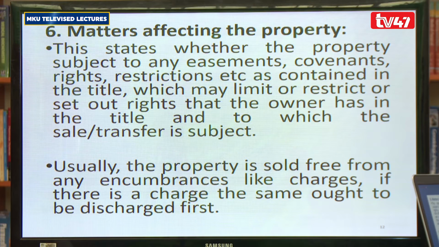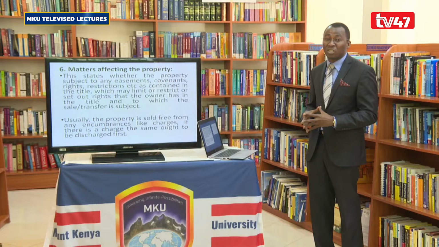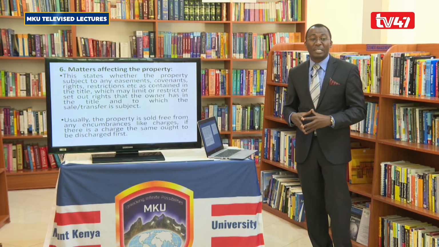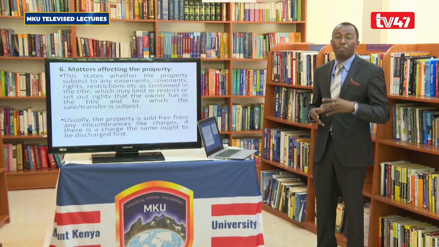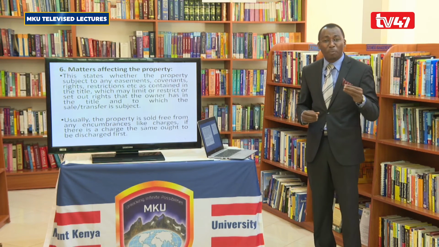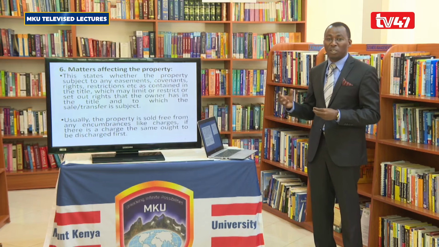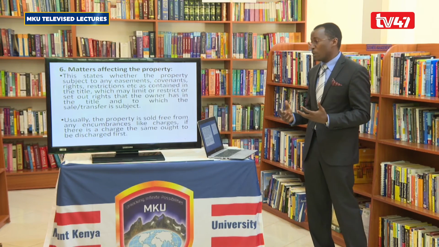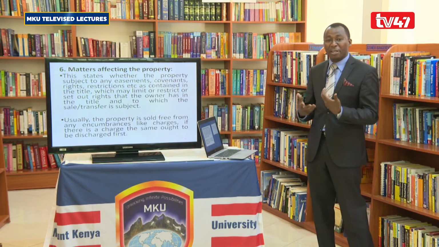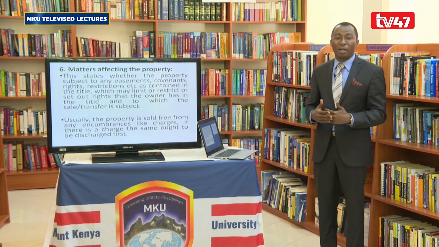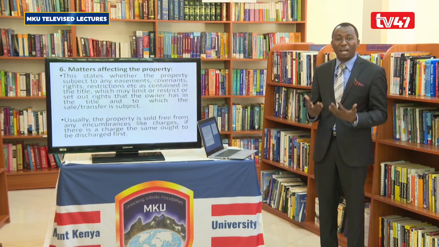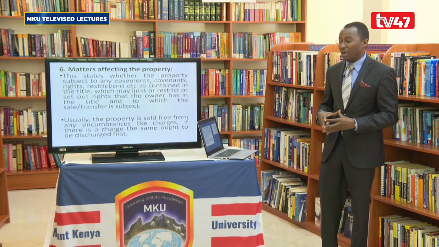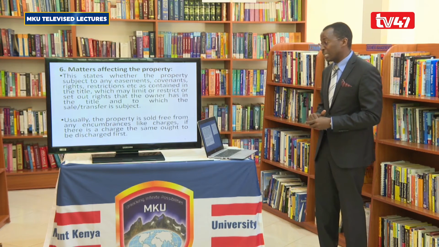Of course, it is also important to understand that if a property is a subject of charge, it means that the chargee, that is the bank, will have to be involved. And the bank will have to consent to this particular process. The bank will have to sign certain documents like the discharge of charge. And therefore, as long as the parties are in the know, the purchaser is aware, the parties have agreed, and they have done proper communications to the bank, then such a process can be done successfully.